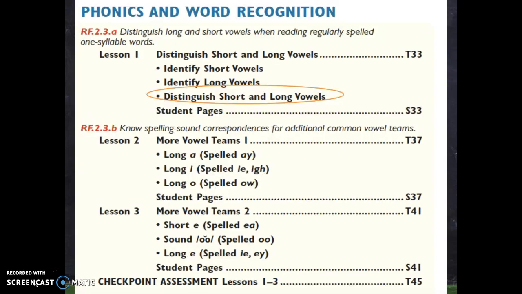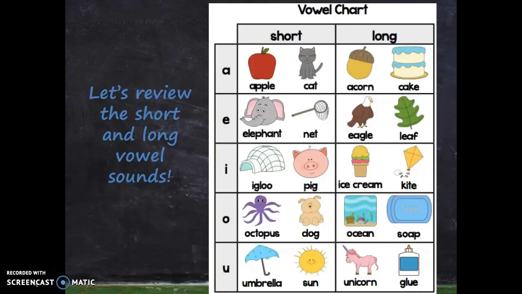Today is the last part of learning in our first learning progression together, where we're working on determining the difference between short and long vowels. So let's review. We've worked on these all week. Remember, long vowel sounds always say their name. So those are the easiest ones for me to remember.